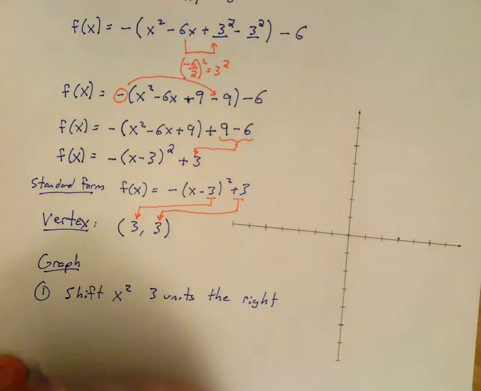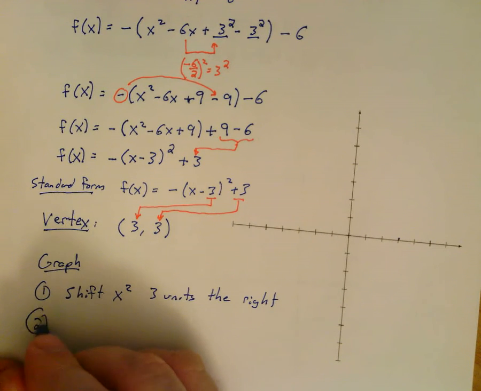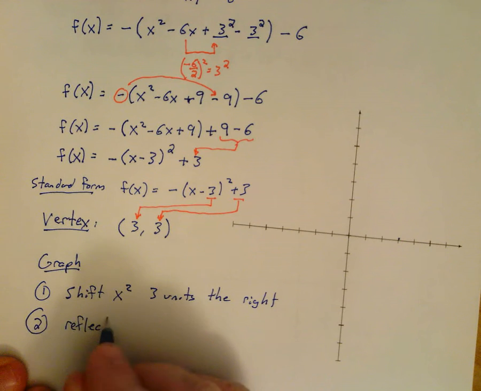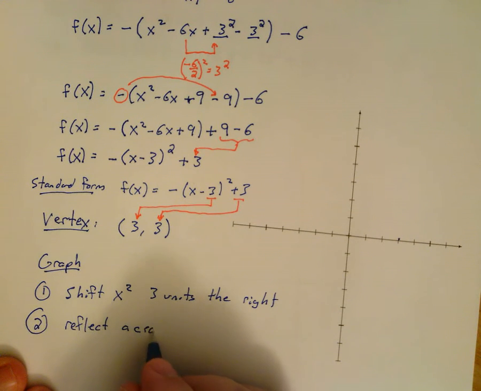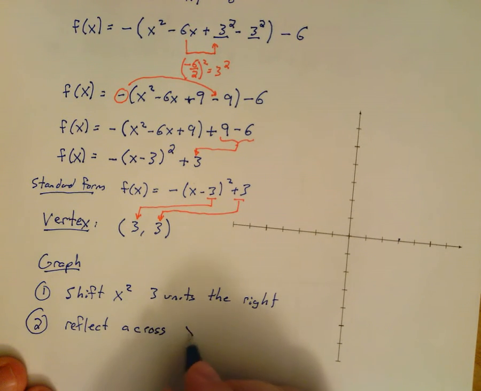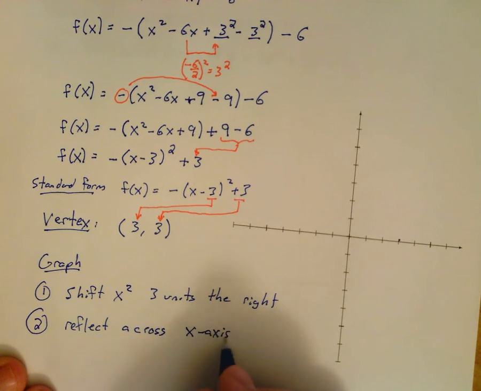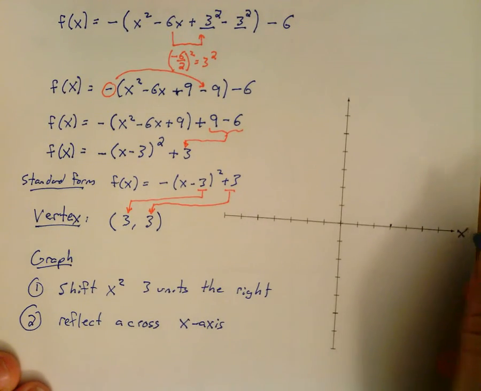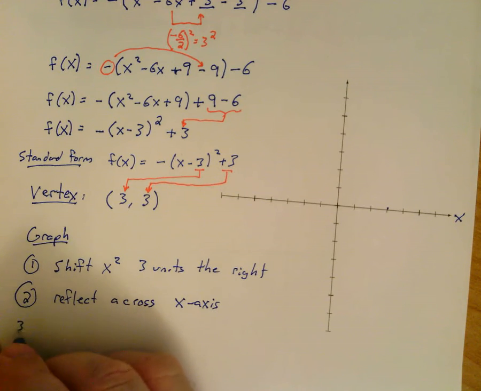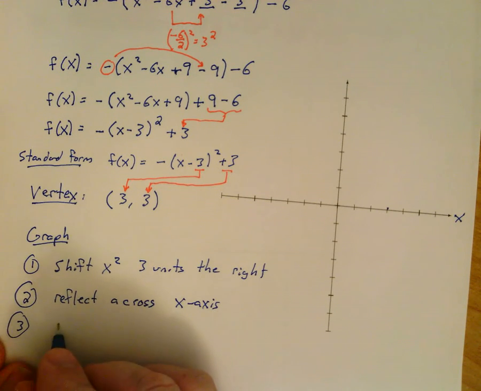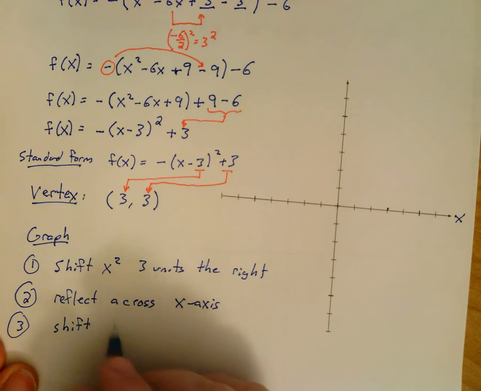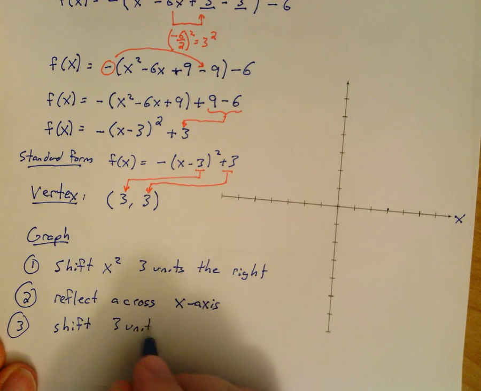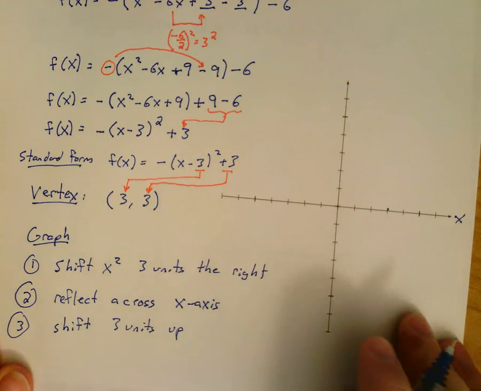The second thing I'm going to do is reflect across the x-axis. Again, this is the x-axis here. And the last thing I'm going to do is shift 3 units up. Okay, so let's do that.